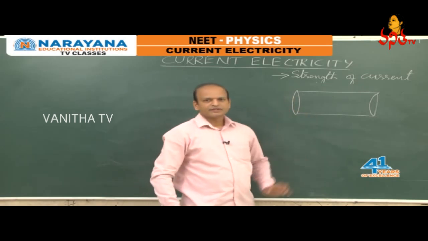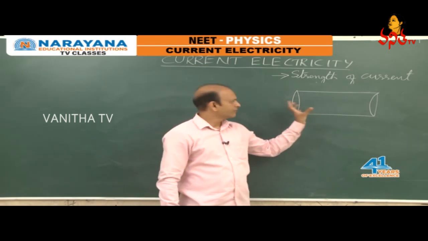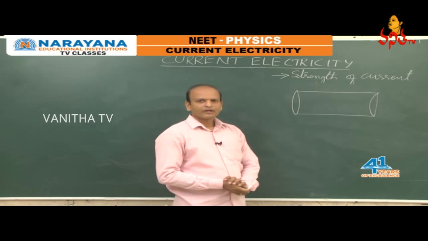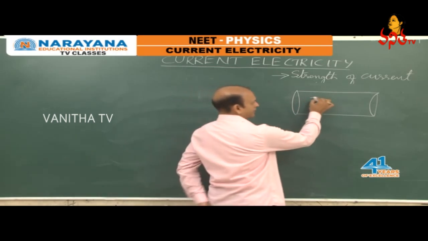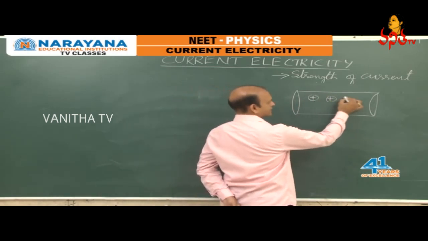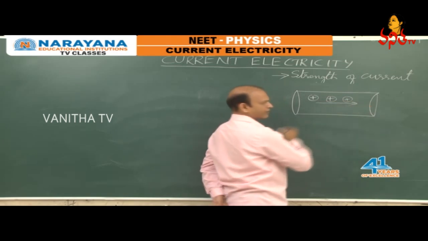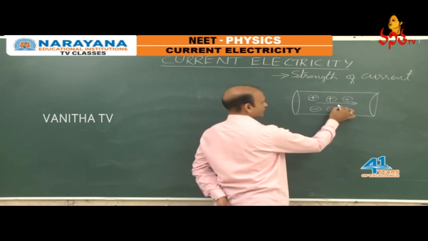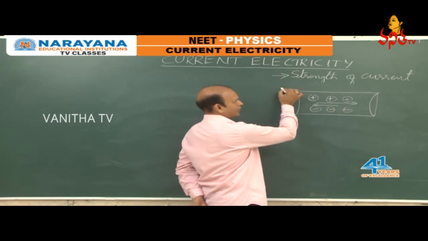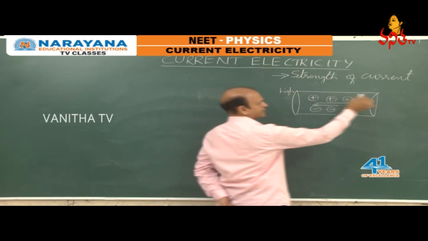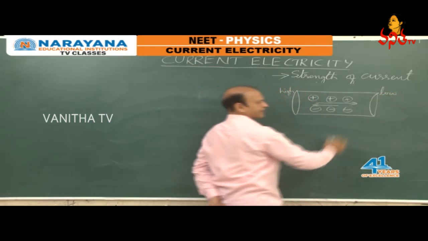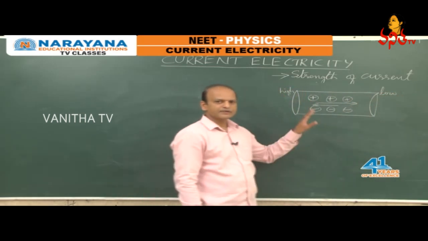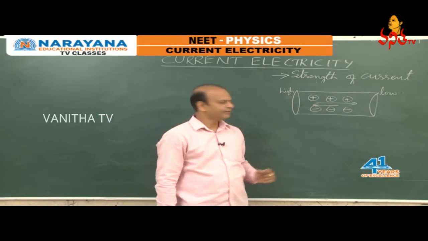Suppose a chamber or a discharge tube is there. In this, positive ions are flowing in one direction and negative ions are also flowing in the opposite direction when potential difference is applied across it. One side high potential, other side low potential is applied by a source, which we are going to see later.